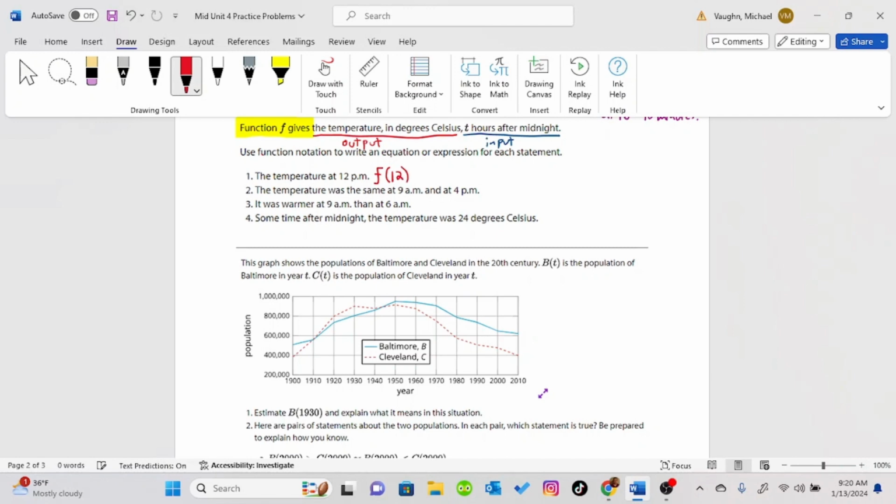They don't tell us what the temperature is, so we can't write what it's equal to, but we can say that the function, when it's 12 hours after midnight, will represent that there is some temperature that it equals.